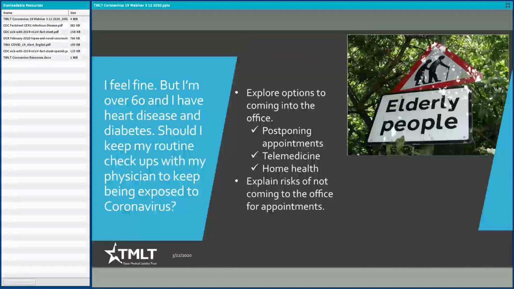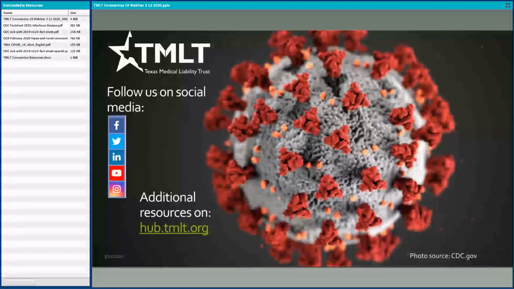Likewise, we're hearing that persons over 60, especially with comorbidities or chronic illnesses, can be at higher risk for developing complications from coronavirus. So patients may call with questions such as, I feel fine, but I'm over 60 and I have heart disease and diabetes. Should I keep my routine checkup with my physician and risk the chance of being exposed to coronavirus in the office?